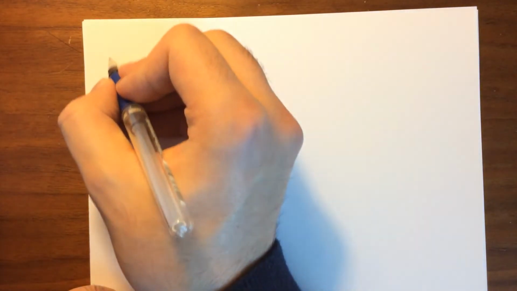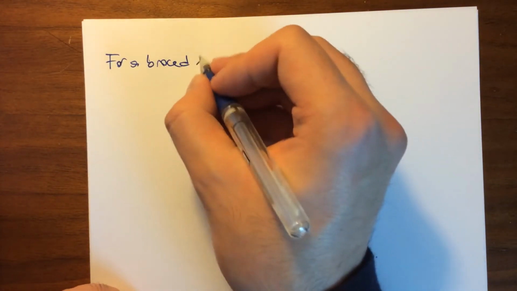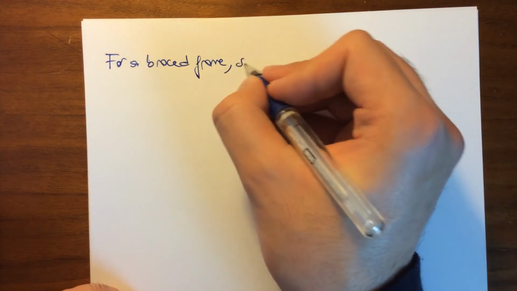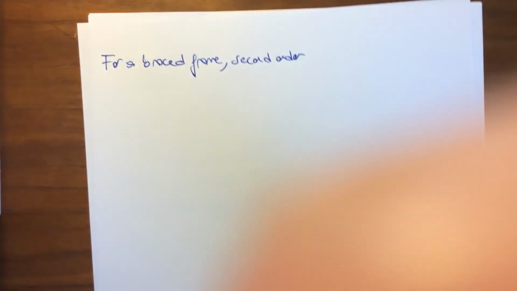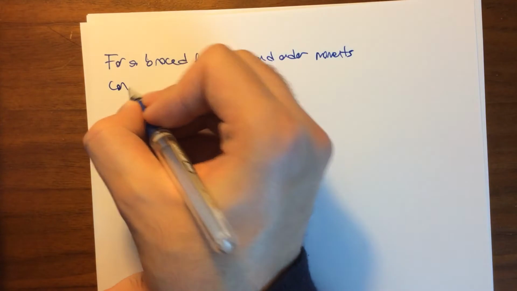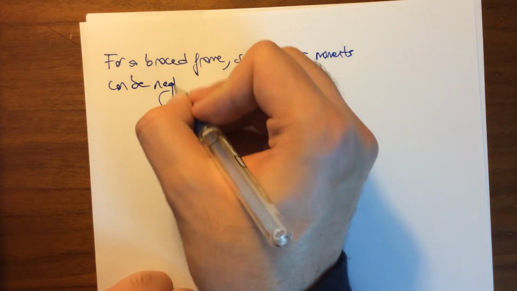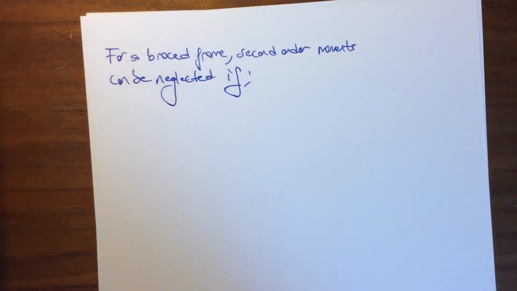and recall from our lecture notes when can we neglect the second order moments for a braced frame. So for a braced frame, second order moments can be neglected if the following condition is satisfied.